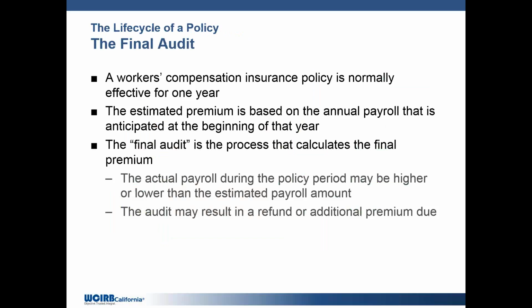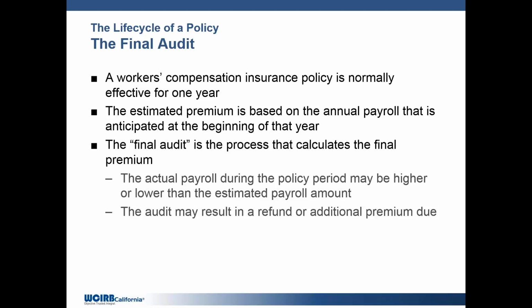We know that a workers' compensation insurance policy is normally effective for 1 year. However, there are short-term policies, and there are instances where a policy can run for more than a year, up to a year and 16 days. The estimated premium is based on the annual payroll that's anticipated at the beginning of the year.